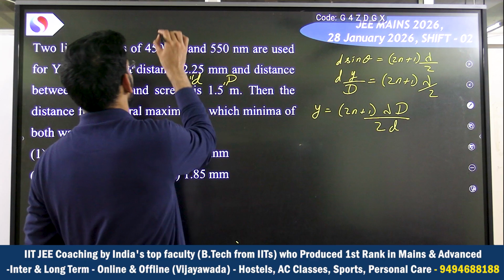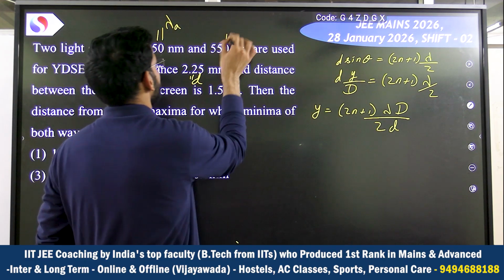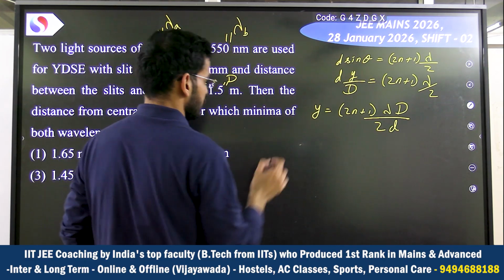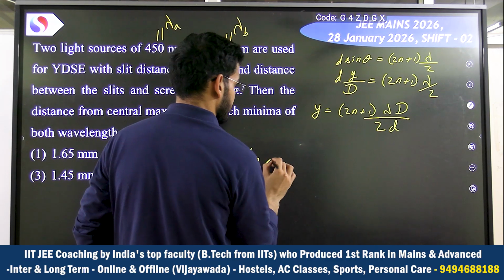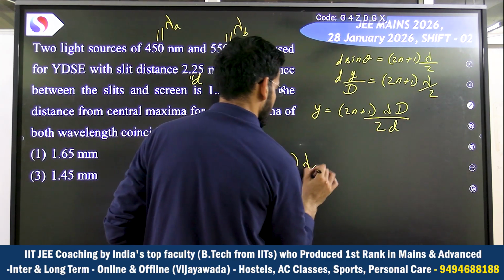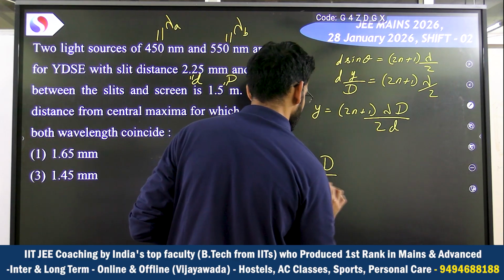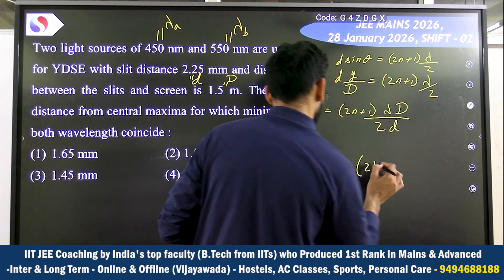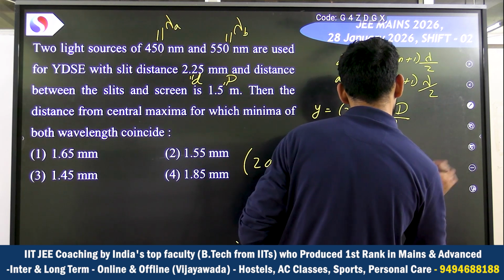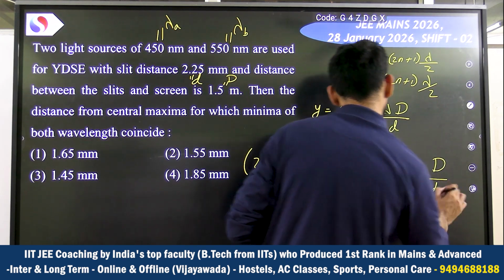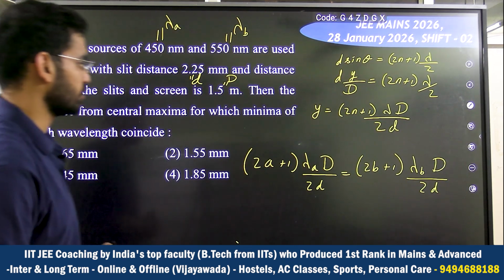Let me say this is lambda A and this is lambda B. So (2A plus 1) lambda A capital D divided by 2d is equal to (2B plus 1) lambda B capital D by 2d. Lambda A and lambda B values you know, right?